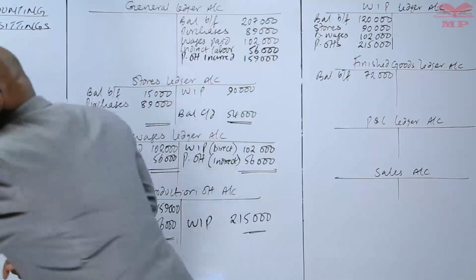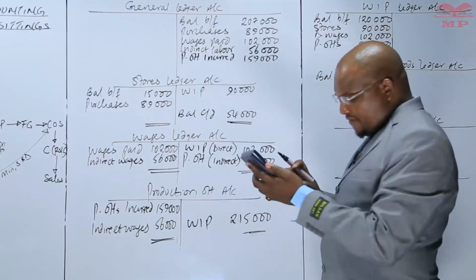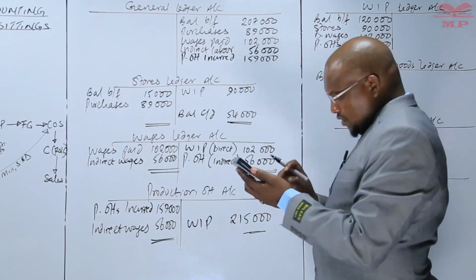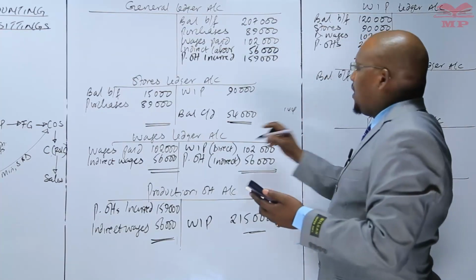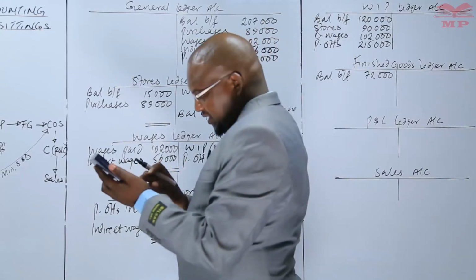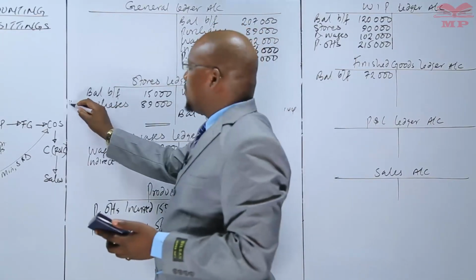Let me use a calculator to be accurate. I'm saying that on the credit, we are having 90 plus 54. We are having 144. But this other one, we are having 15 plus 89 is 104, exactly 104.